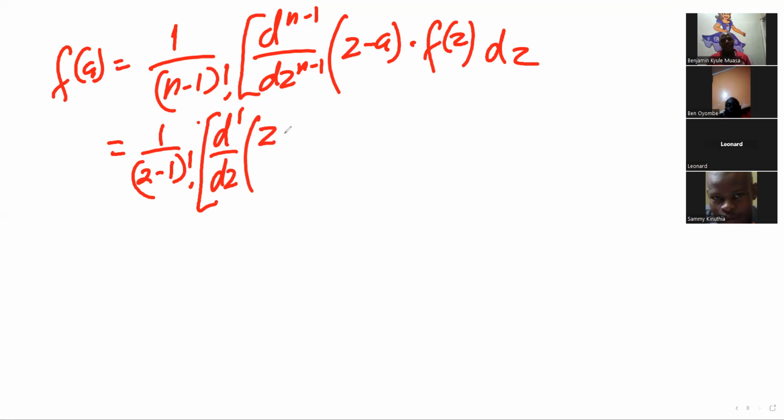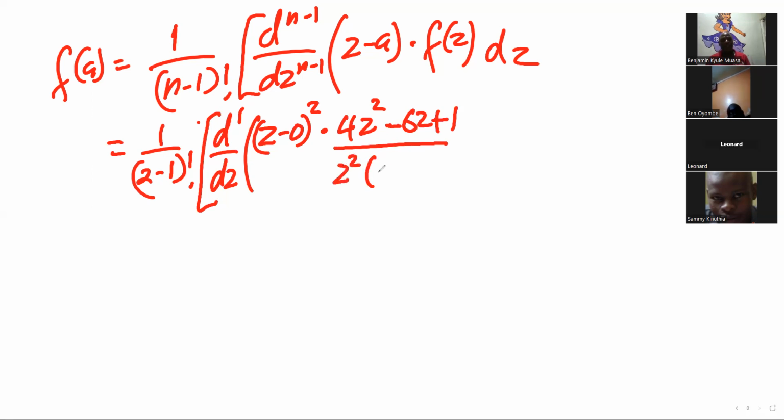Then you're going to have z minus 0, of course there's a square there, times f(z), which was 4z squared minus 6z plus 1 divided by z squared, then z minus 2 like that. So we can simplify this one here, this can cancel this one here.